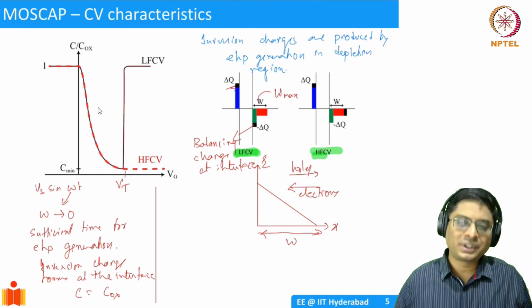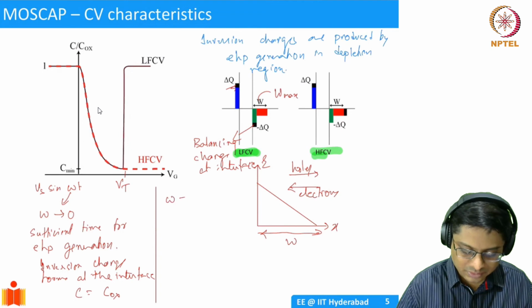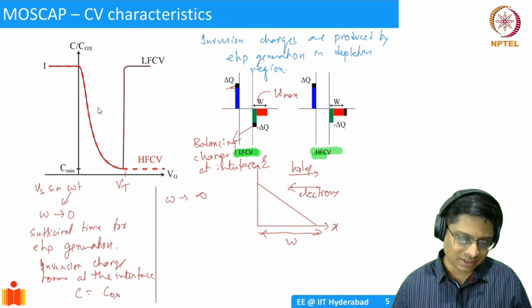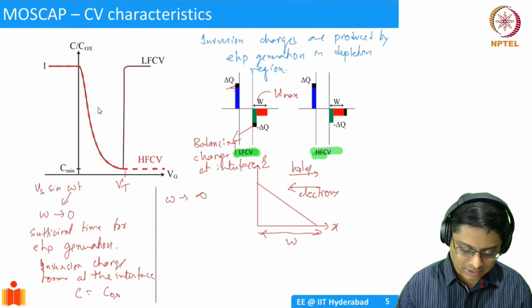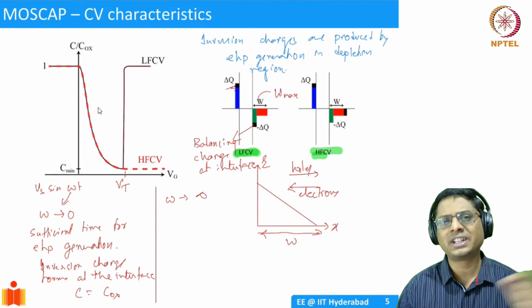Whereas, if you do it at high frequency, HFCV, let's say omega tends to infinity. For our purposes, even megahertz is infinity. So if you go to high frequency, your gate voltage is changing very, very fast.